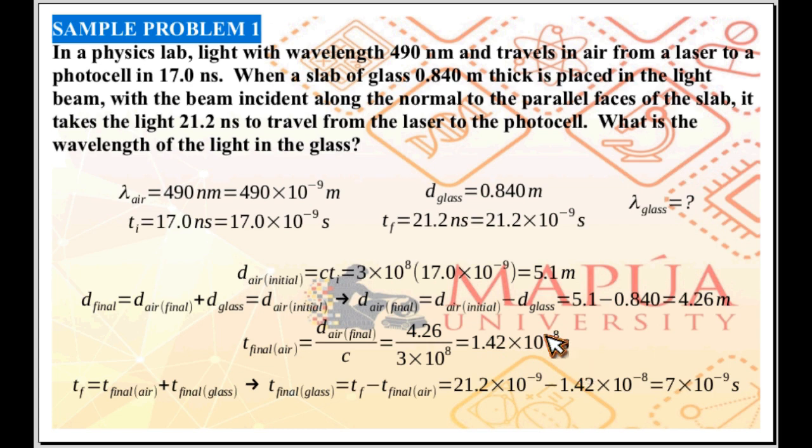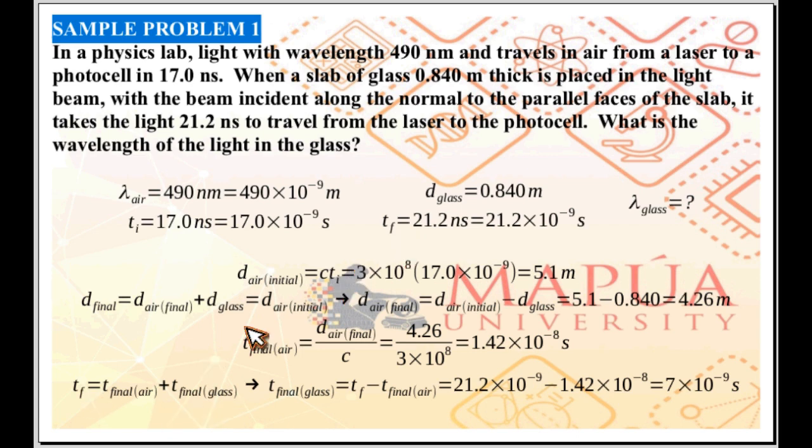Knowing that in the final case it takes the light beam 21.2 nanoseconds to travel from the laser to the photocell, and in air it takes 1.42 times 10 to the negative 8 seconds, the final time of travel is just equal to the time of travel of the light beam in air for the final case plus the time of travel of the light beam in the glass slab.